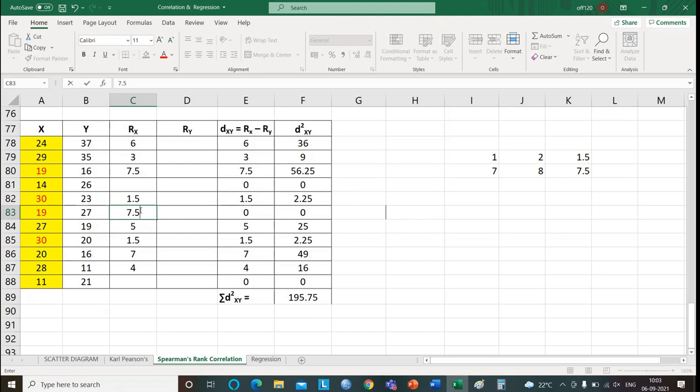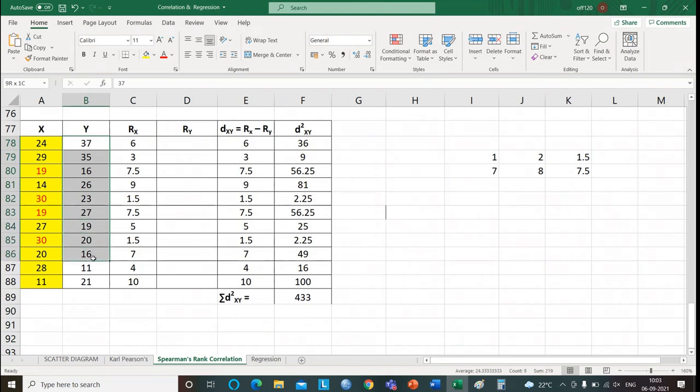But the actual ranks 7 and 8 are finished. Next, the 14 values will be given rank 9, and the least value 11 will be given 10th rank. See, the number of observations are 1, 2, 3, 4, 5, 6, 7, 8, 9, 10, 11.